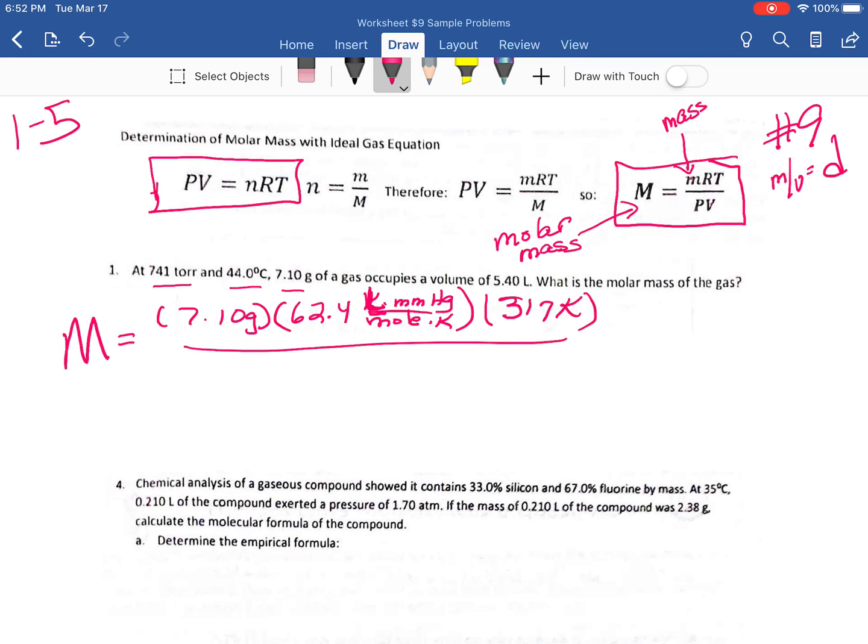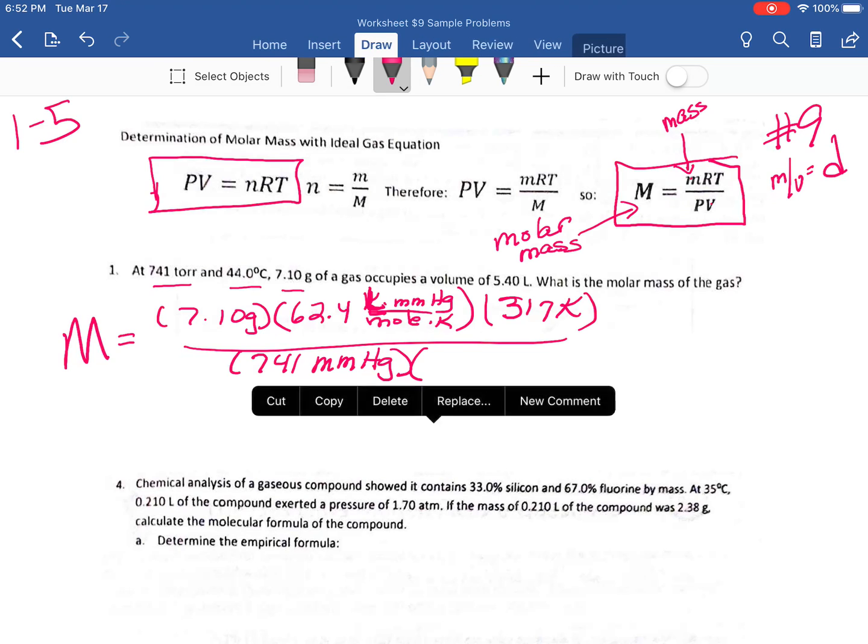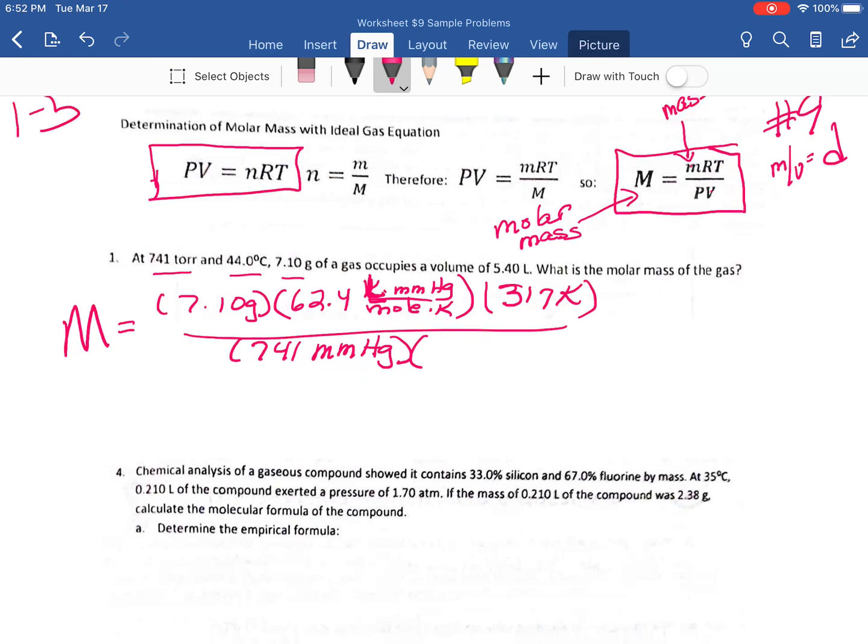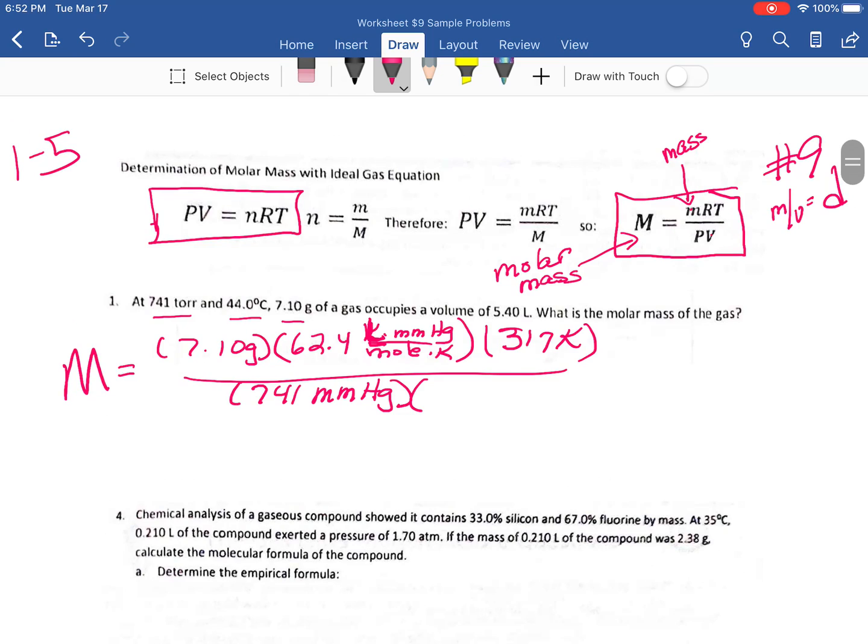And then I divide that by PV. My pressure here, 741 torr. Again, torr and millimeters of mercury are a 1-to-1 ratio. So that's the same as 741 millimeters of mercury. And then my volume must be in liters to cancel the units.